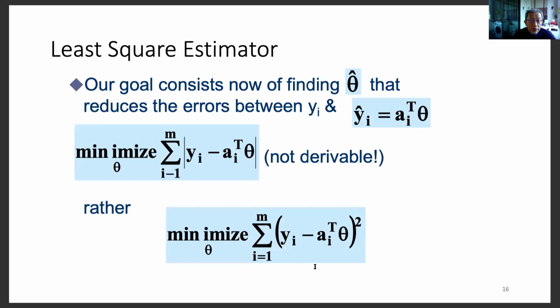Our goal is to find theta cap, okay. We call it theta cap or theta hat, the estimated parameters that reduce the error between yi, the actual y, and the estimated y. Okay, so therefore we have to minimize the difference between the actual y and the estimated y, which is ai times theta.